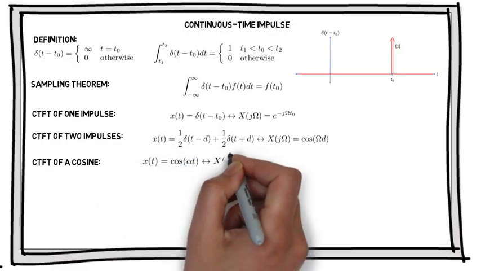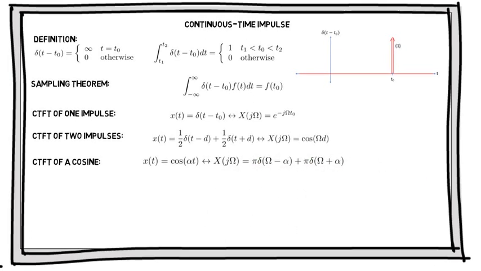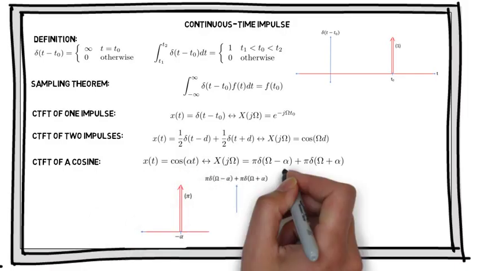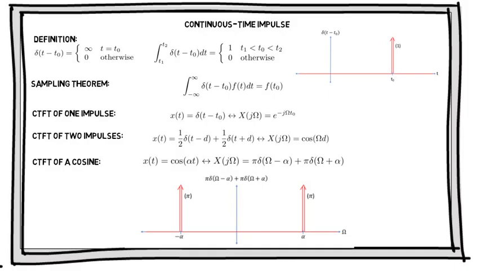We take delta of omega minus alpha and delta of omega plus alpha, scale them each by a half, and then scale them each by 2 pi, because of the 1 over 2 pi in the inverse transform formula. We get the Fourier transform of cosine of alpha t is pi times the delta of omega minus alpha plus pi times delta of omega plus alpha.